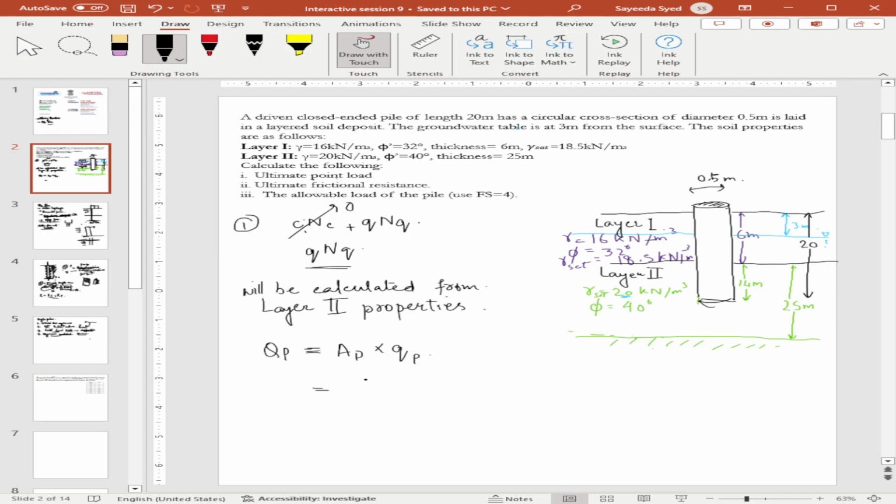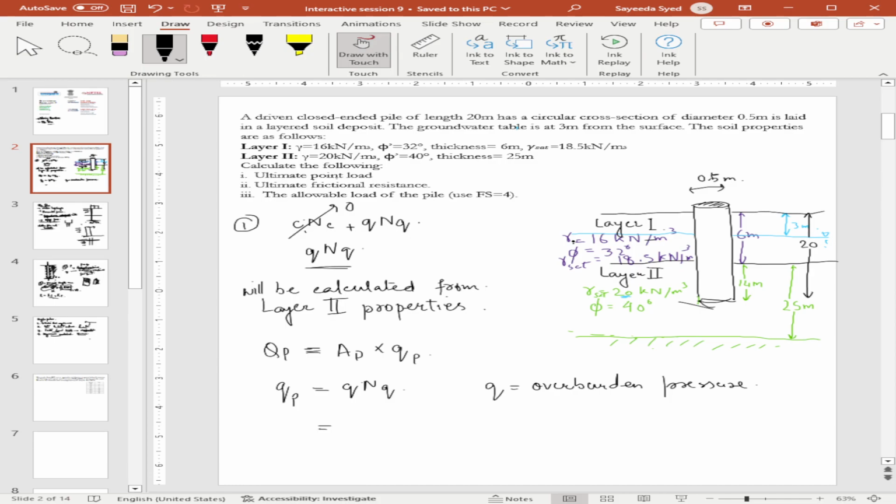Overburden up till here. So it will be, let's call this gamma 1, gamma sat 1, gamma sat 2. It will be gamma 1 times 3 plus gamma saturated 1 times 3 plus gamma saturated 2 times 14.